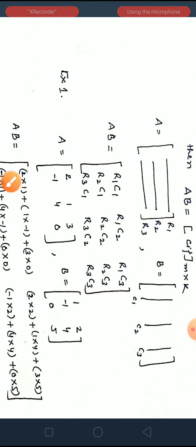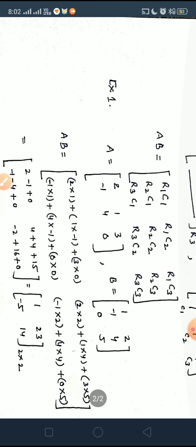These are rows of A, and C1, C2, C3 are columns of B. Then AB is equal to R1C1, means the respective elements of R1 and C1 will be multiplied, and the same happens with R1C2 and R1C3. And the second row will be formed by R2C1, R2C2, R2C3, and the third row will be formed by R3C1, R3C2 and R3C3. I think it is clear now. Check it with an example.